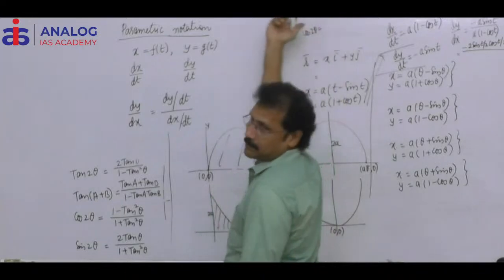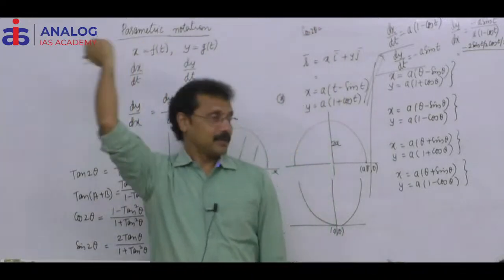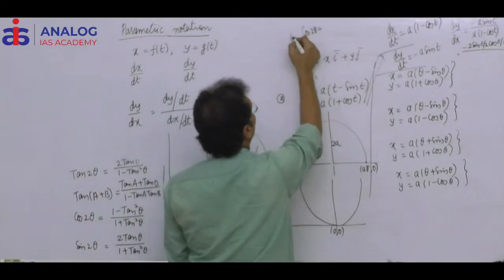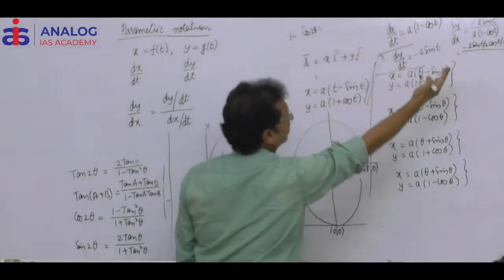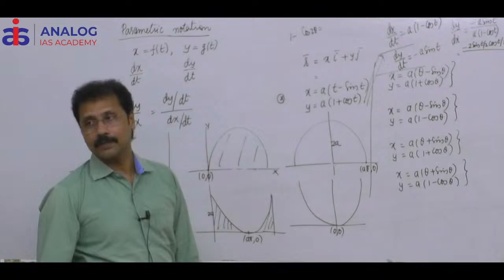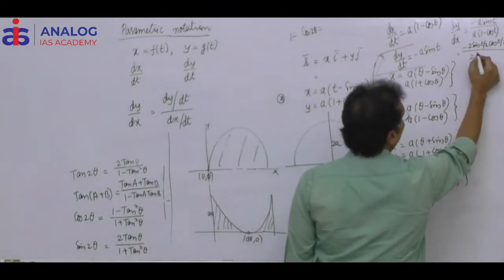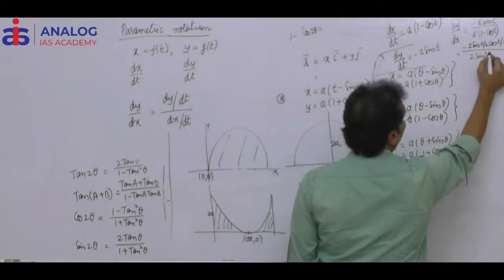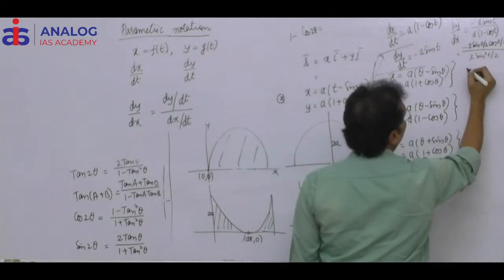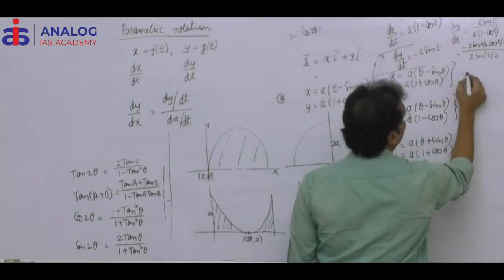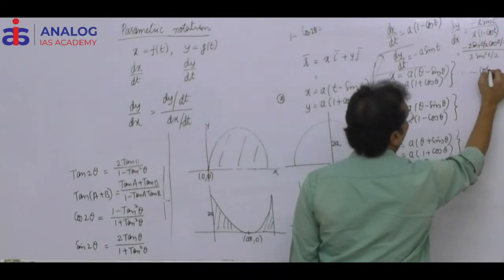You forgot again. What is 1 minus cos 2 theta? It is nothing but the same thing here also. So this comes out to be 2 sin square t by 2. 2 gets cancelled, 1 sin t gets cancelled, minus cot t by 2.